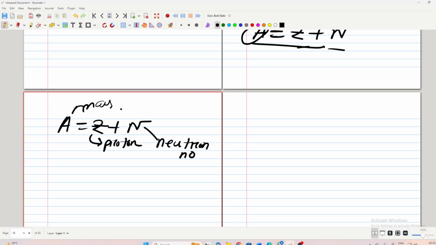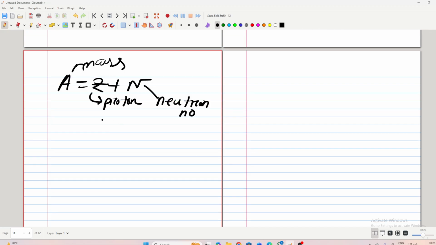By this formula, we can easily calculate the neutron number of an atom. For example, take carbon 12 with 6. Here 6 is Z, the proton number, and 12 is the mass A. What will be the neutron number?